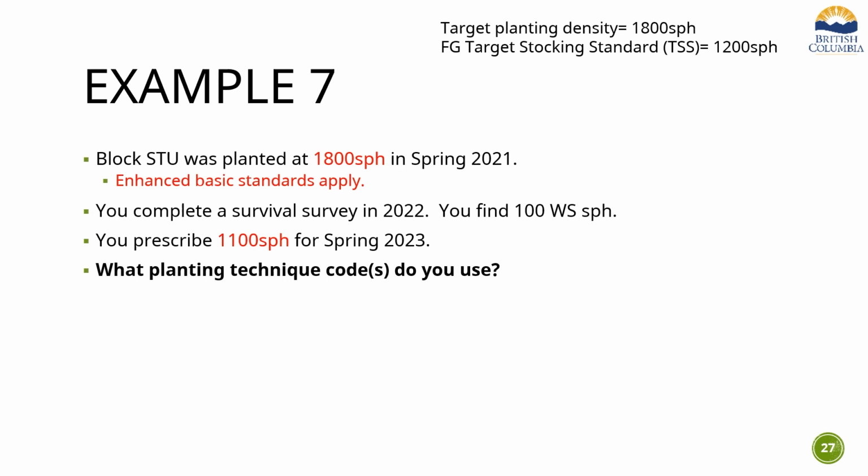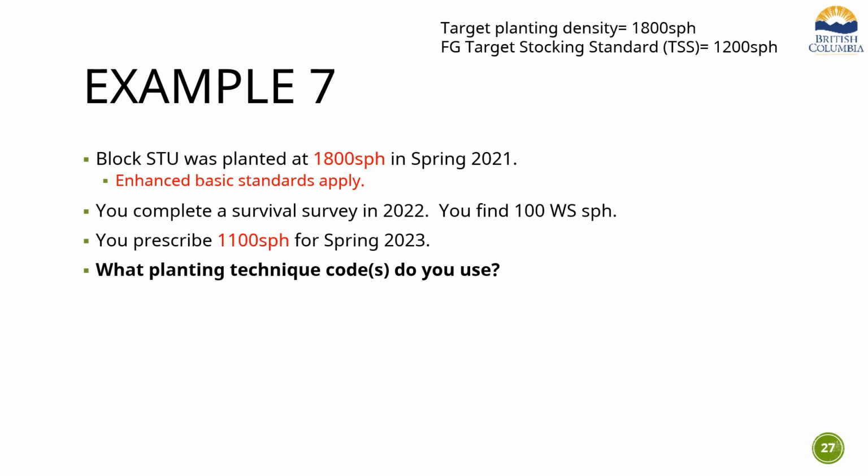Well, this opening was previously planted, so it's either a fill or a replant. To distinguish between the two, we now need to compare the planting density to the free growing target stocking standard. So 1,100 stems per hectare divided by 1,200 equals 0.92. So this planting treatment will be classified as a replant.